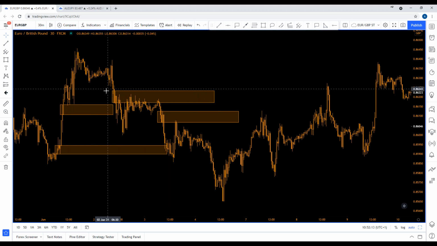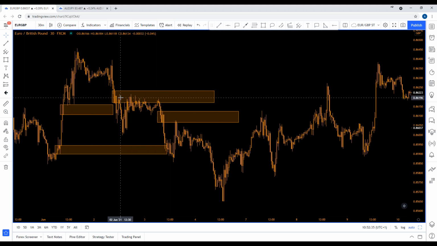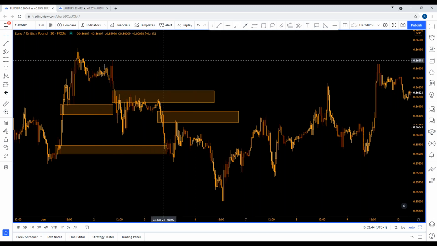Now, if you want to be really cheeky, you can go down to the lower time frames and look within this area for another fresh supply zone and trade that. This can really increase your risk reward on the trade. So a small move like this, not really a small move, but a reasonably small move can deliver really strong returns on one trade. Okay, I think I've gone over enough on this chart.